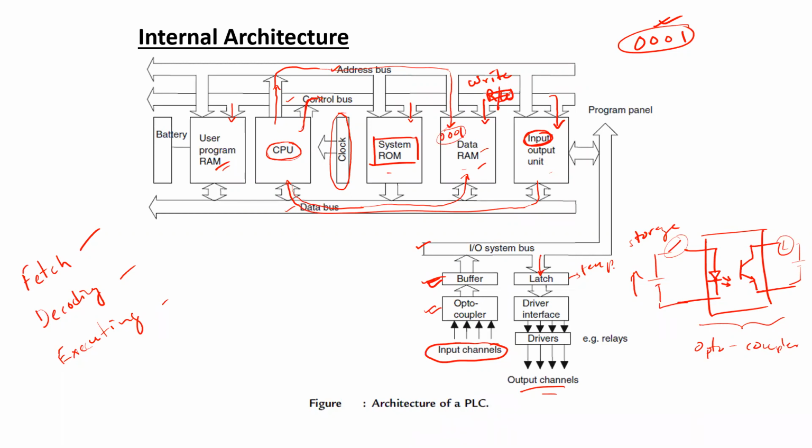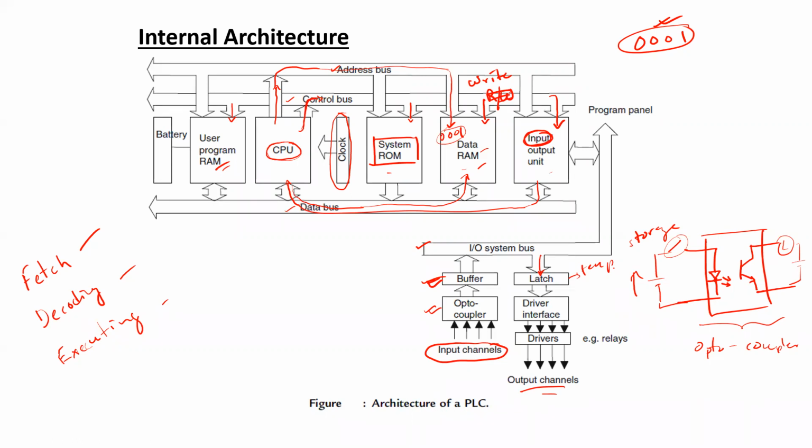Sir, is it possible to add extra memory devices to a PLC so that we can store a large number of instructions? Well, in most cases, PLCs come in a way that they have the option to incorporate different modules.